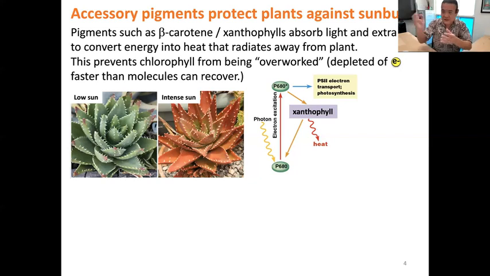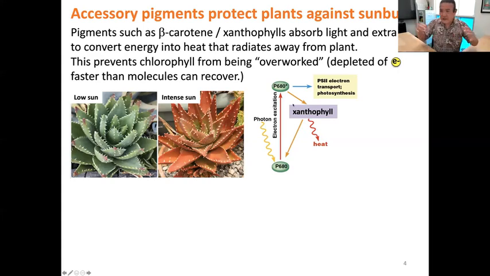The moment this P680 loses an electron, it's no longer the same chemical structure anymore. It needs to have another electron or pair of electrons put back in it so that it can be the next pair of electrons that get booted off by all the energy that's coming into this photosystem.